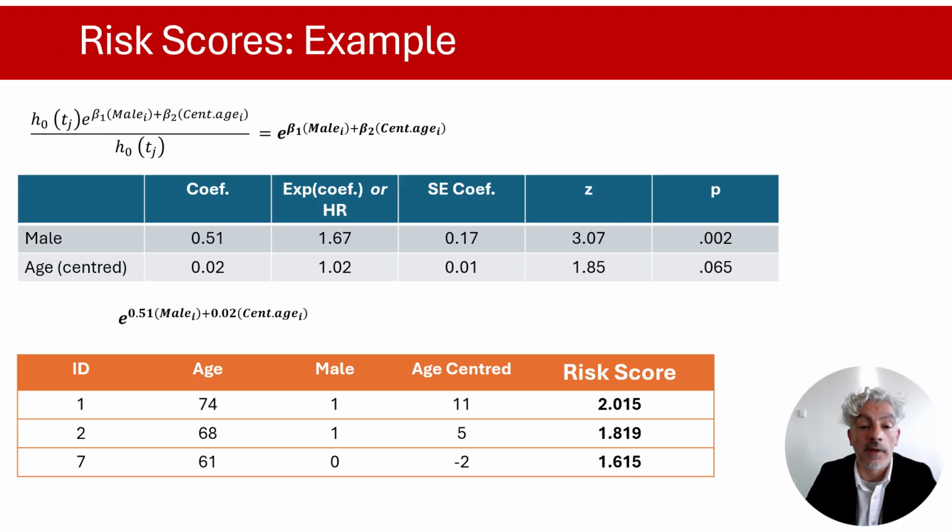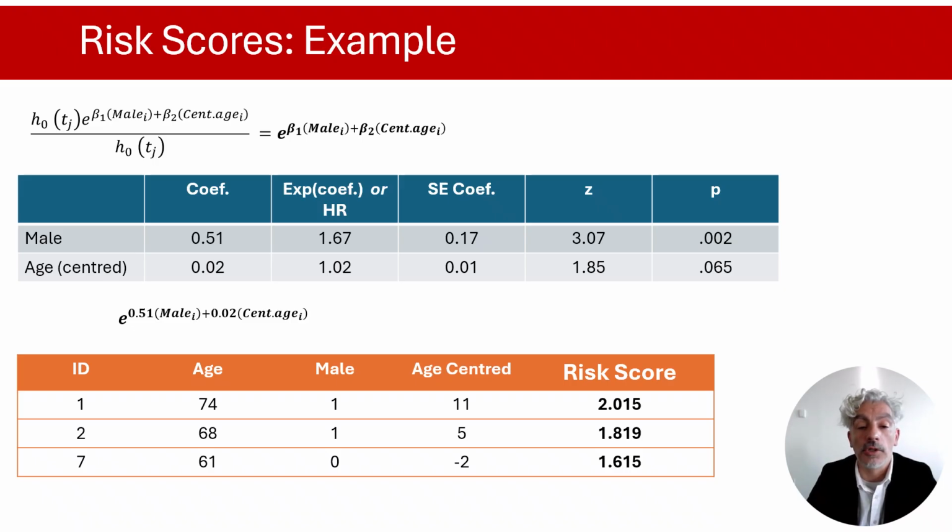And here, for example, we can see that participant number 1, being male and 11 years older than the median age, displays an increased risk score. Whereas participant number 7, being female and younger than the median age, displays a lower risk score. So it's important to remember that risk scores are measured in relative, not absolute terms.